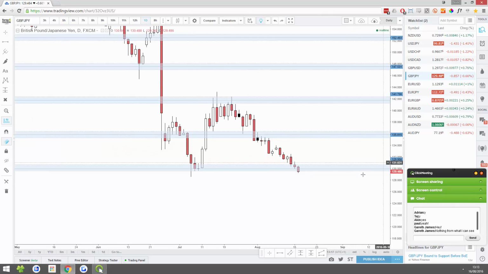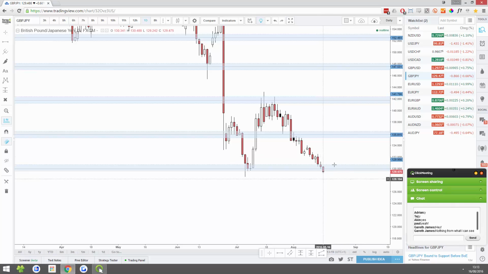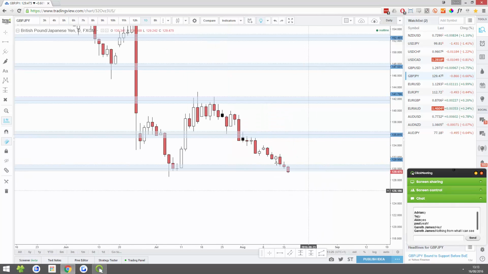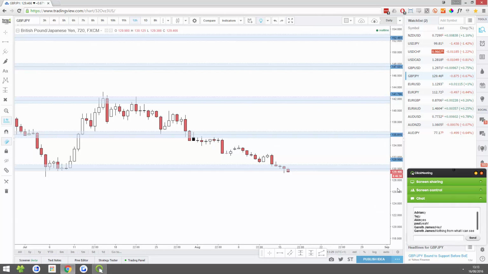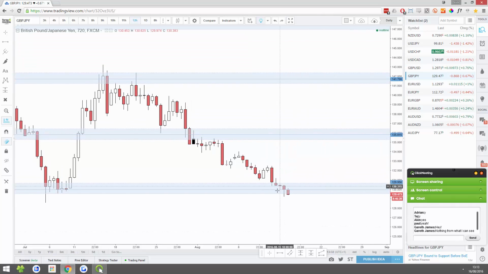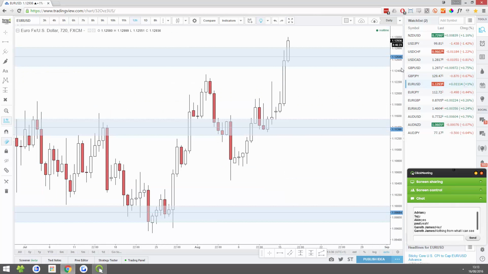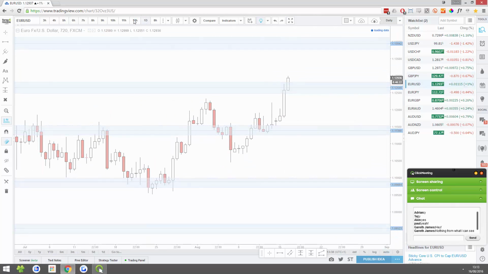But I'm not too sure about that. I'd probably want to see something forming on the daily, and it doesn't look like it's going to form on the daily. Honestly, on the daily, it looks like it's falling straight through, and it does on most time frames. Even on the 12-hour, if it breaks this low, it's probably going to continue down. So let's just skip that one.